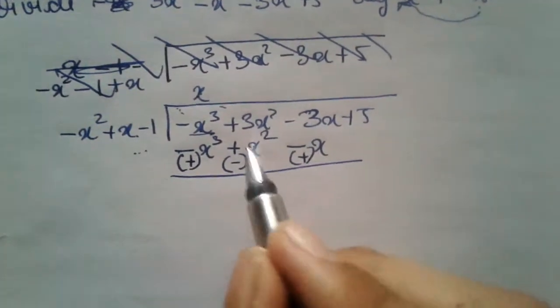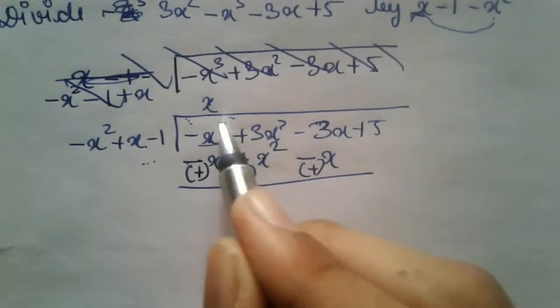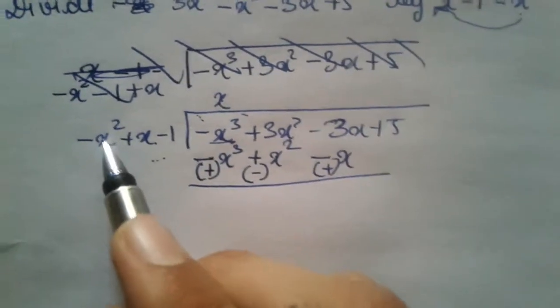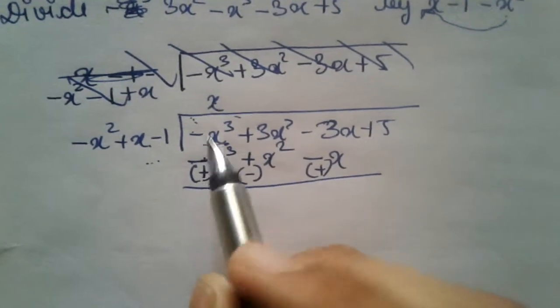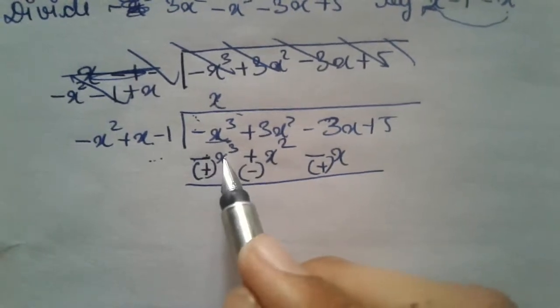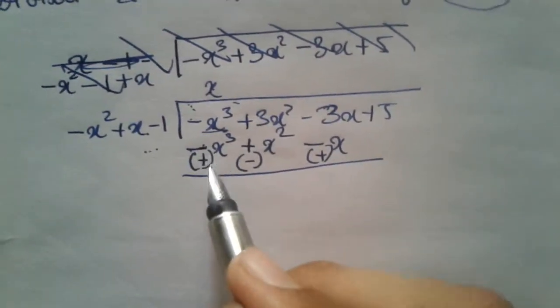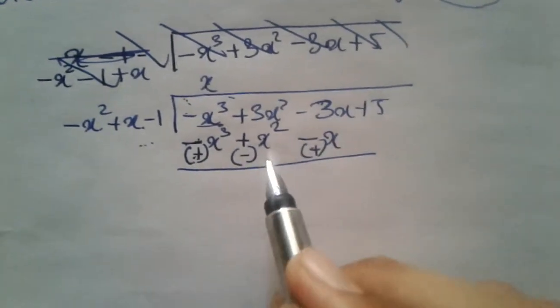Remember always, whenever you multiply and write the signs of the polynomial over here, you should always change the sign opposite to it. And you should always write underneath this variable, underneath the sign, within brackets. This is a convention you should follow always.